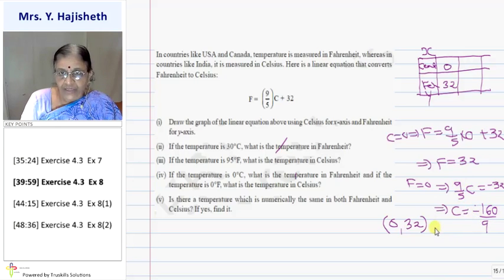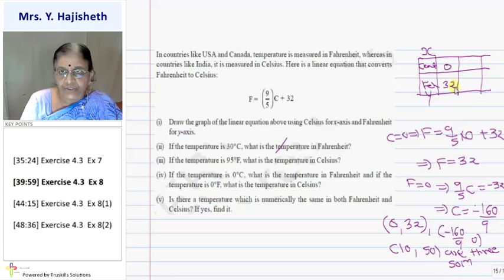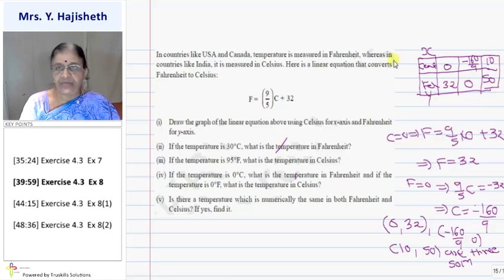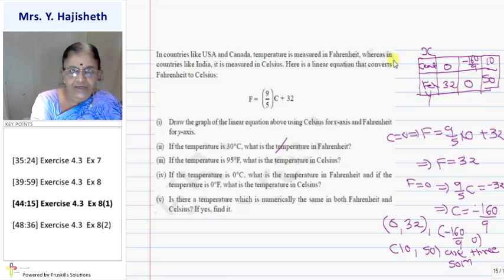So another solution is minus 160 by 9, 0. And here I am taking a third solution: if C is 10, then F will be 50. These are 3 solutions. मैंने 3 solutions लिए. क्लियर? C 0 तो F 32, F 0 तो C minus 160 by 9, and C 10 तो F 50. 10 रखो, 9 by 5 into 10, 18 plus 32 is 50. Clear?